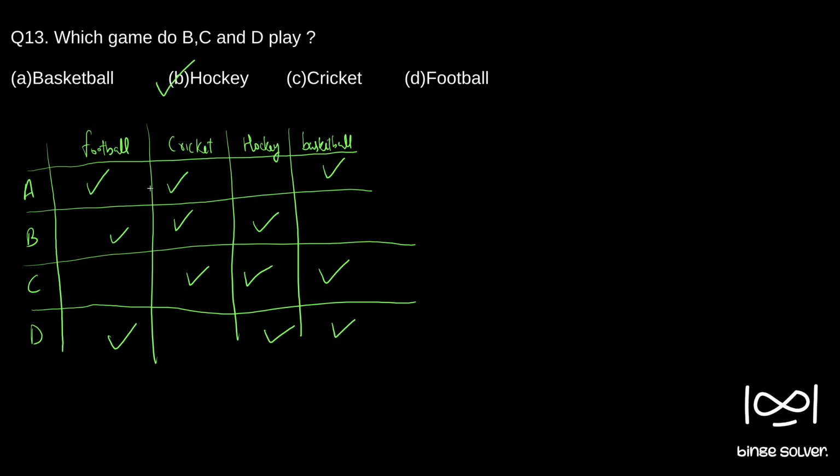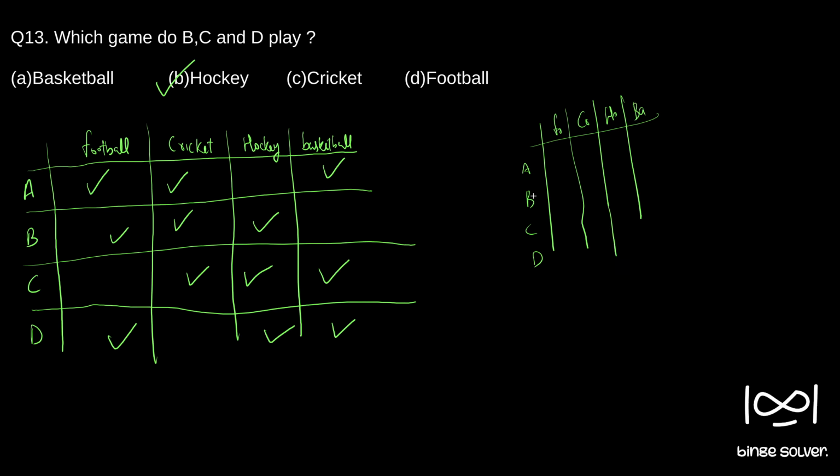As you can see, if you draw the table, you can quickly answer all 3 questions. In the exam hall, you can use some shorthand. When you write the exam, you can just quickly write down A, B, C, D, and instead of football, just write FO, cricket CR, hockey HO, basketball BA, and just get on with this.